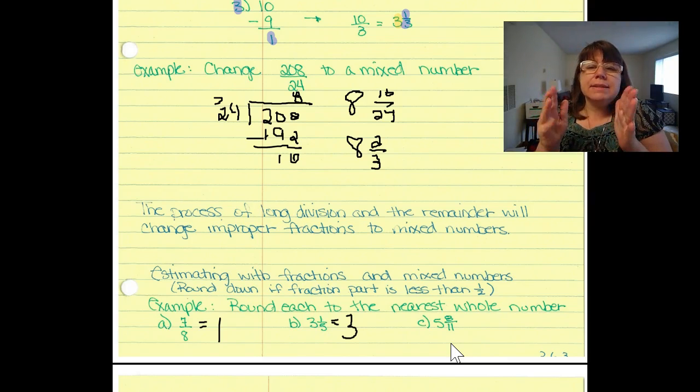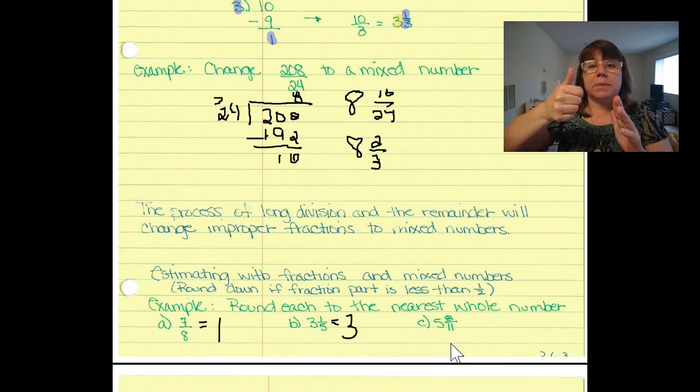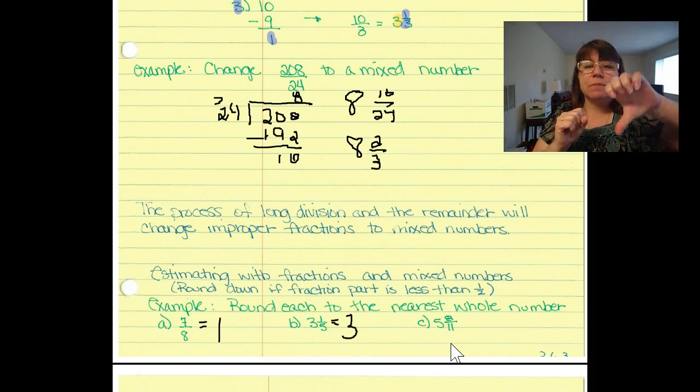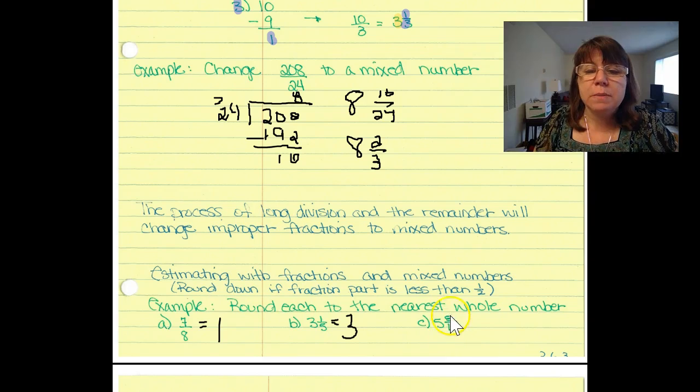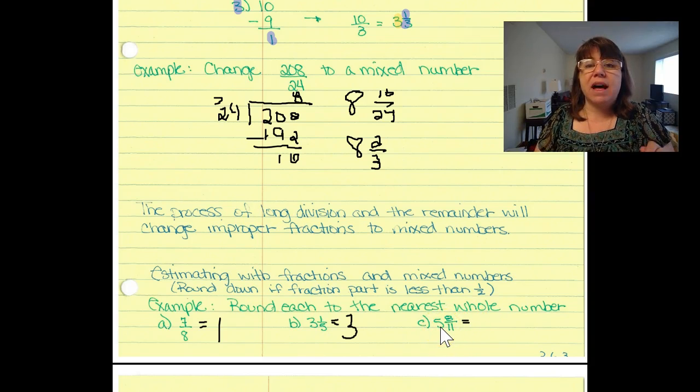I'm just going to say 6, just so we have a whole number to compare it to. So anything 6 and above, I round up to the next whole number. If it's less than 6, I'm going to round down. So I look at my numerator, which is an 8. That is greater than 6. So I'm going to round this to my next whole number. So what's my whole number? From a 5 to a 6.